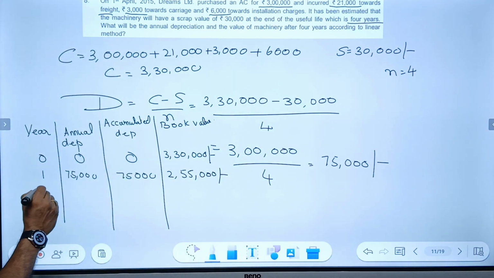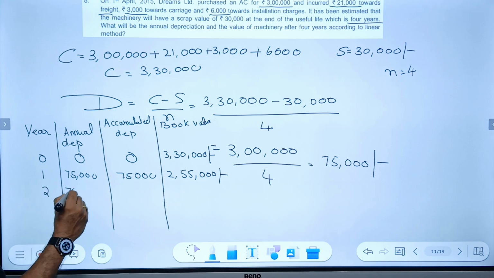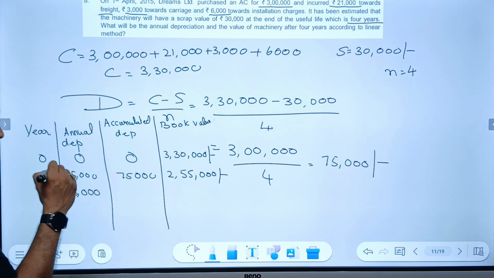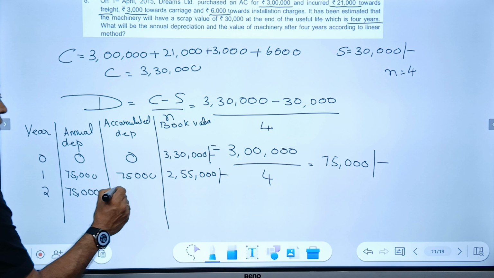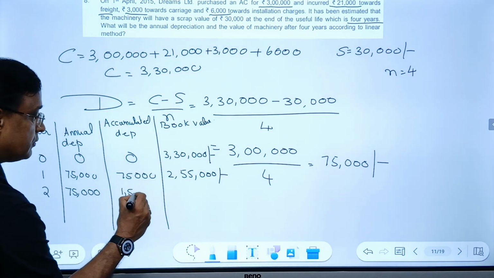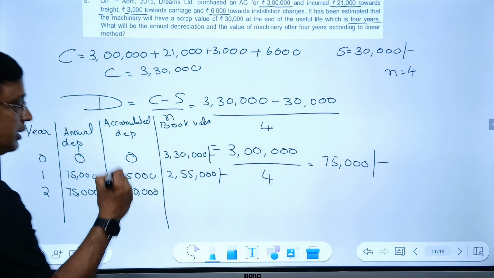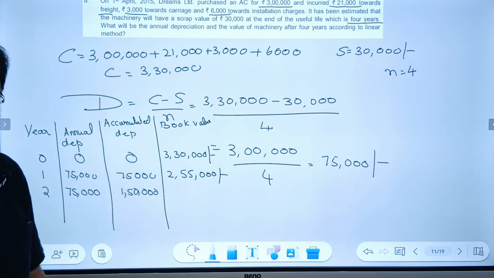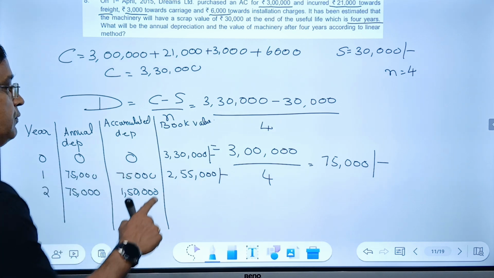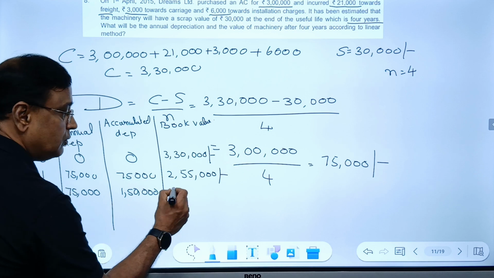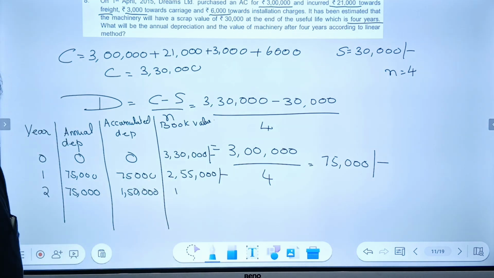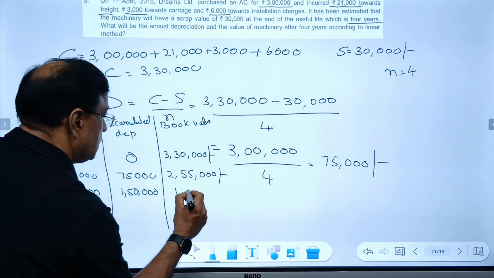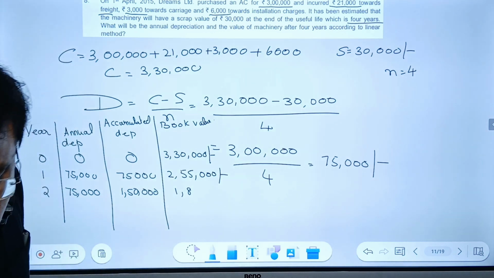Now for the second year, it's a uniform depreciation. So again, it will be 75,000, but the accumulated will be 1,50,000. Why? Already the 75,000 is there, plus the 75,000 is totally 1,50,000. And if you subtract 1,50,000 from this, you will get 1,80,000.